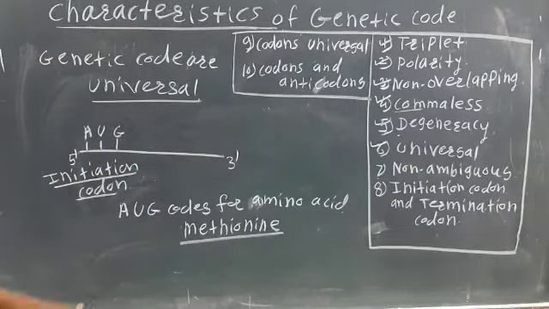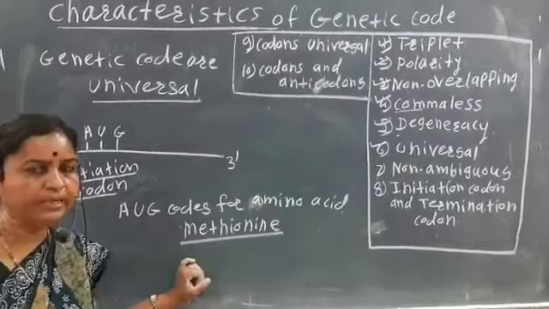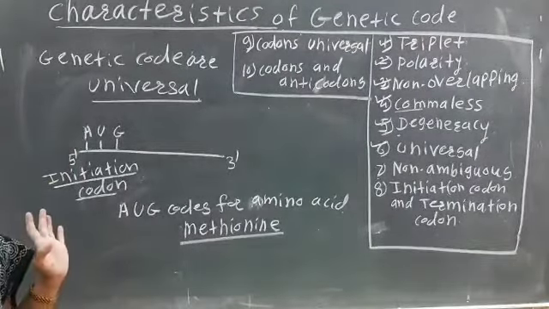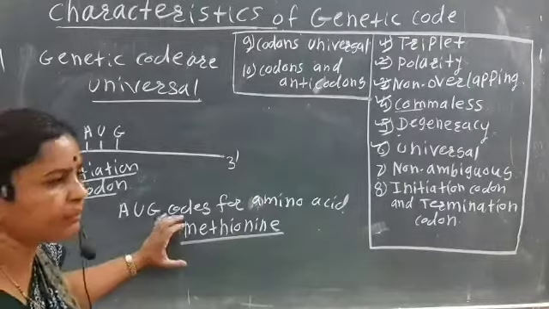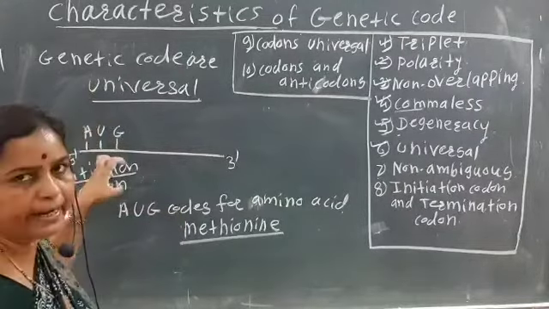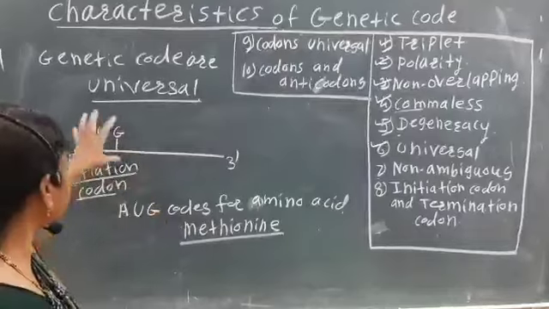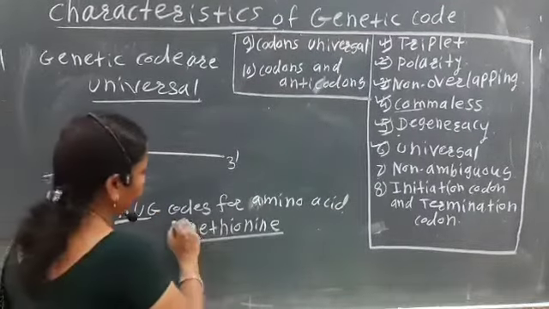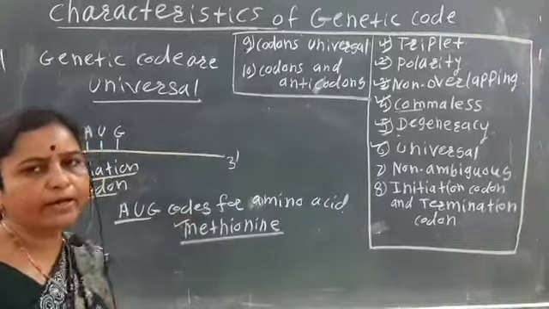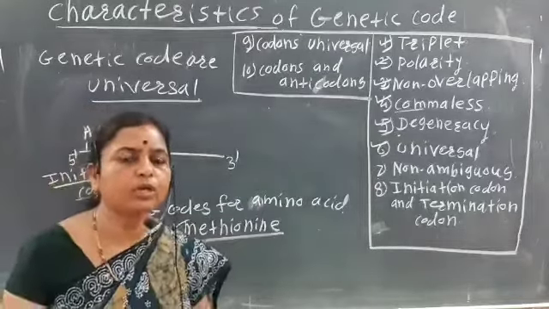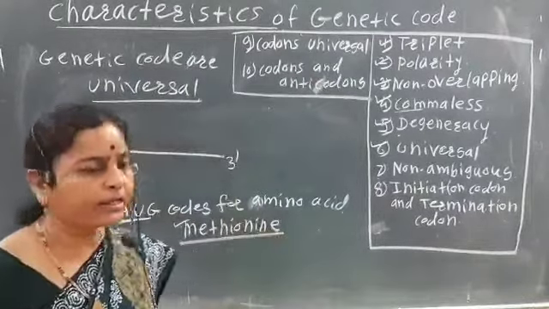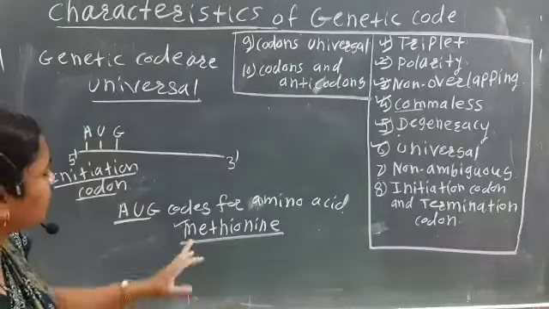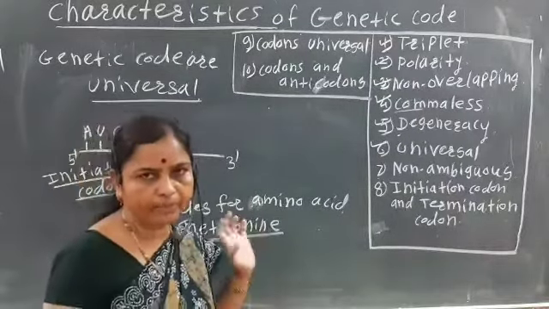So this methionine, it may be seen from the bacterial cell up to the human being, that is in all organisms the same codon, AUG, codes for the amino acid methionine. म्हणजे कोणत्याही ऑर्गॅनिझम मध्ये बॅक्टेरिया पासून ते ह्यूमन बीइंग मध्ये in all organisms the initiation codon AUG only codes for the methionine amino acid.